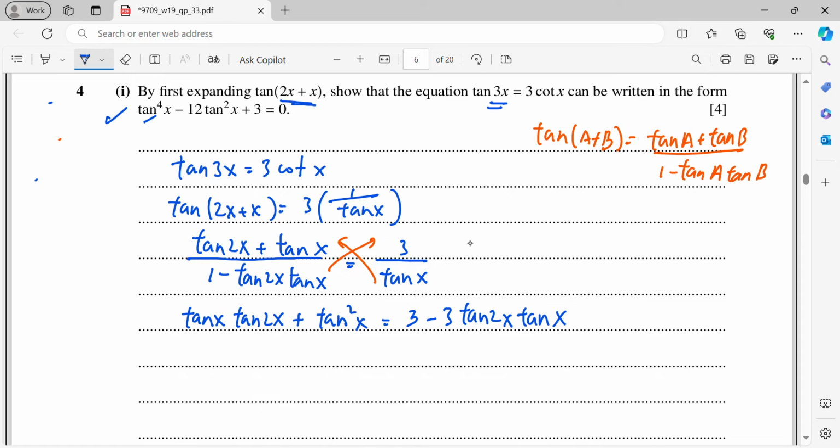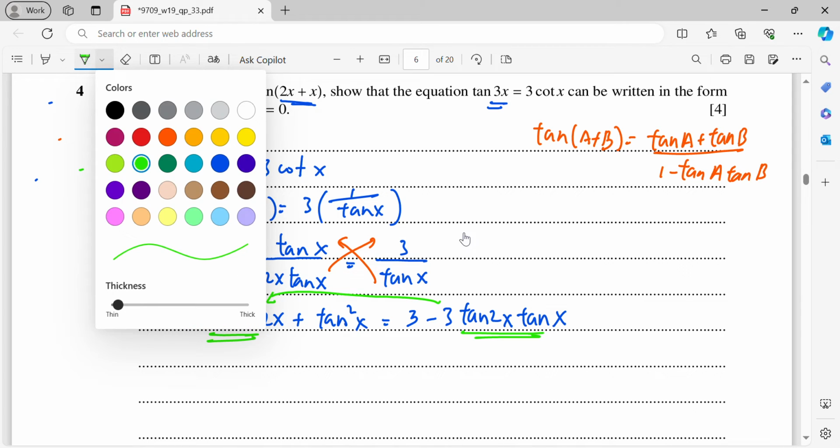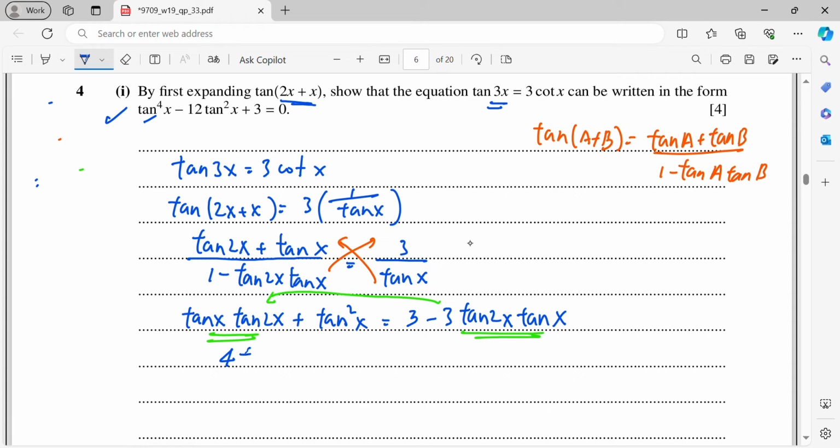Okay, so from here, these two terms are equal but with different coefficients, which means now this term I can move to the left side and combine together. So that will be 4 times of the term. So it will be 4 tangent x tangent 2x, then plus tangent square x. The 3 move to the left side becomes minus 3 equals to 0.